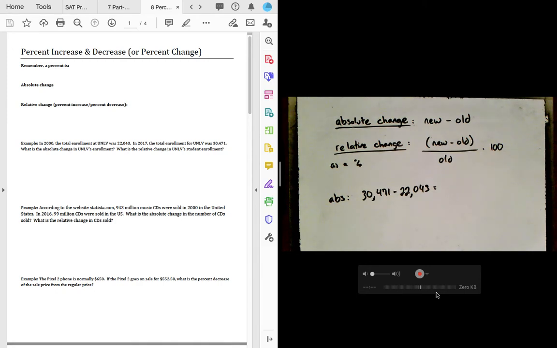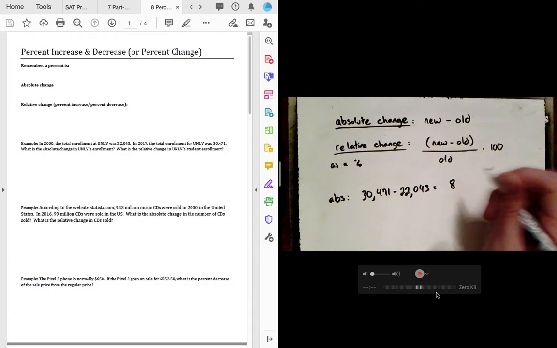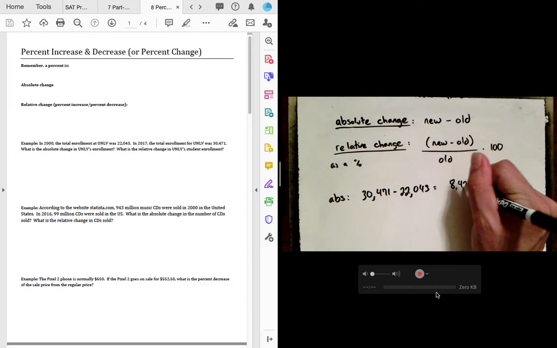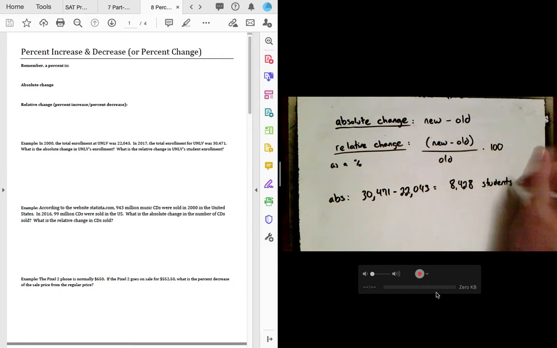And when we make that calculation, 30,471 minus 22,043, we get 8,428 students. Again, don't forget to put your unit on these. So it's a total increase of 8,428 students over the course of those 17 years.